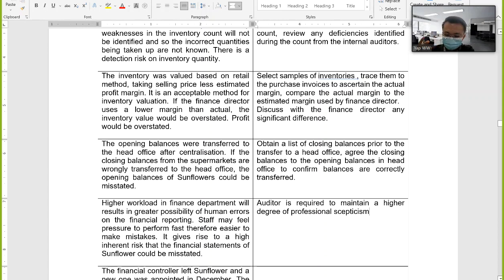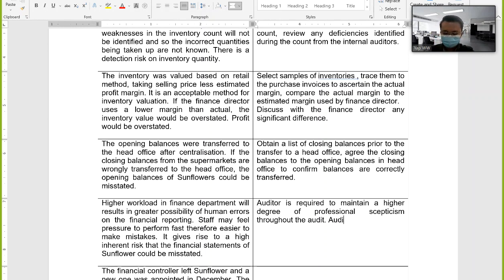How to maintain professional skepticism? Okay, you audit the financial statements, you already know their finance department got higher workload. So throughout the audit, right, throughout the audit, you become more alert to some conditions that may give rise to a material misstatement.